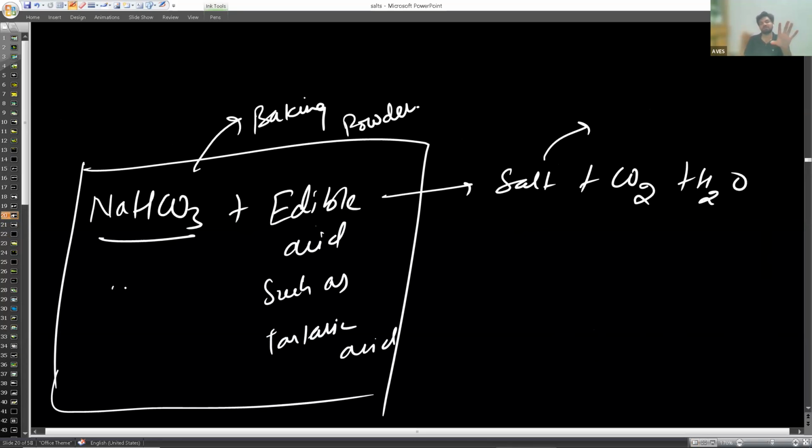It has a bitter taste, but not as strong as other bases. This bitter taste can be easily neutralized when we add an edible acid such as tartaric acid, and it will give you salt plus carbon dioxide plus water. Understood? Yes or no?